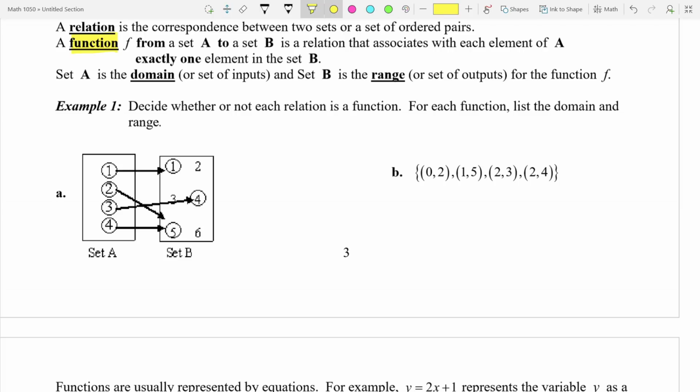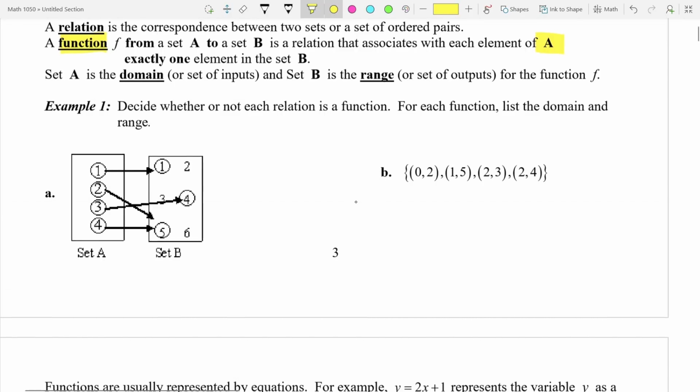So something is a function if each element in the first set corresponds to exactly one element in the second set, okay? So if everything in the first column goes to just one thing in the second. An easy way to say it is that no x values repeat. If the x values repeat, then it is no longer a function, okay?